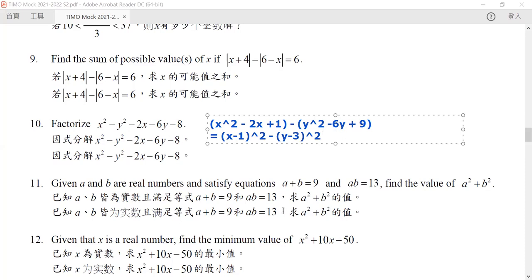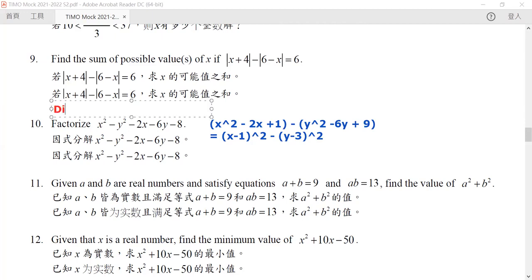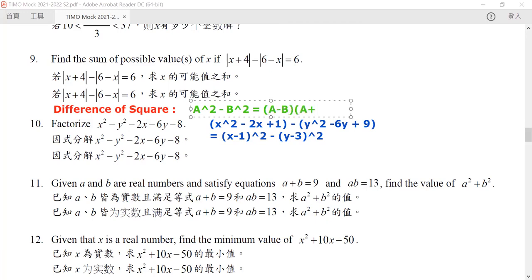Okay. So now by writing this, we invoked a very important identity, which is the difference of squares. The difference of squares states the following thing. a squared minus b squared can always be written as a minus b times a plus b. So we now can factorize it, right?